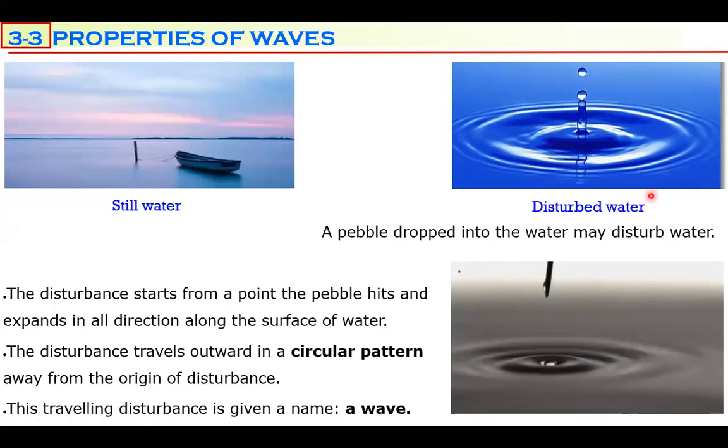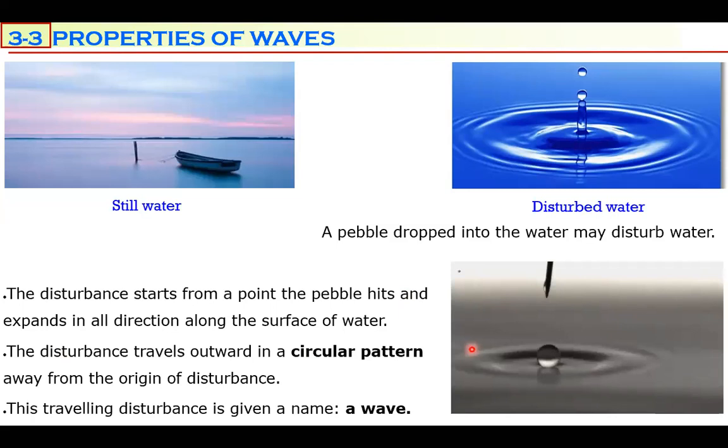How can you produce a disturbance? How can you disturb the surface of water? You are just going to drop a piece of rock, which is called a pebble, onto the surface of water, and then you are going to produce a disturbance like this. The disturbance starts from the point where the pebble hits and expands in all directions. As you see, it starts to expand on the surface of the water.